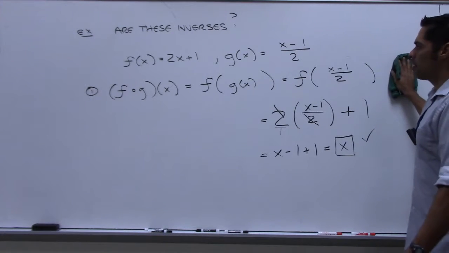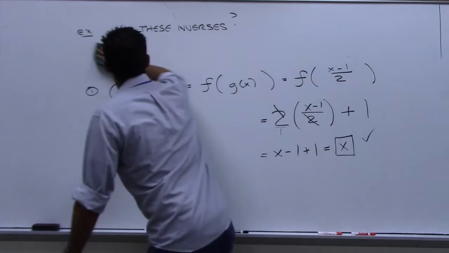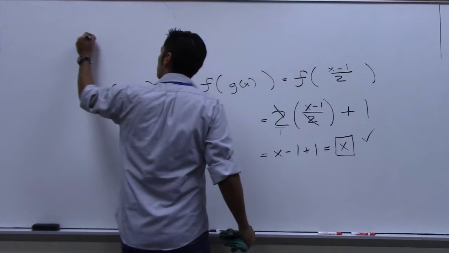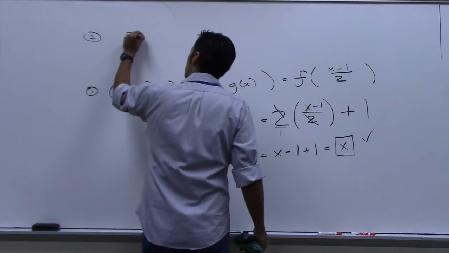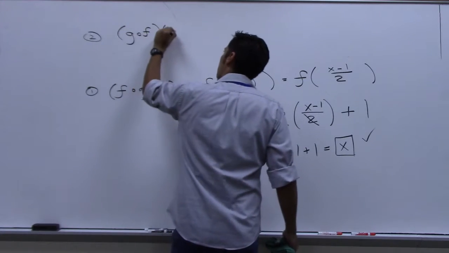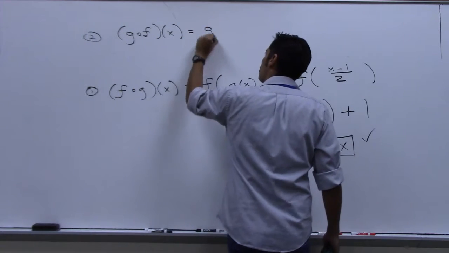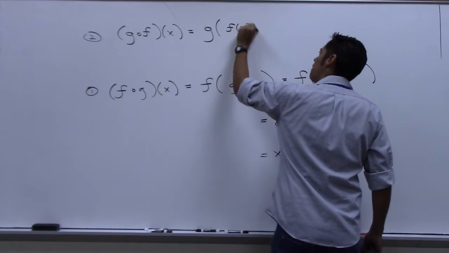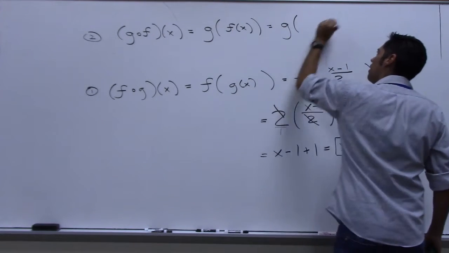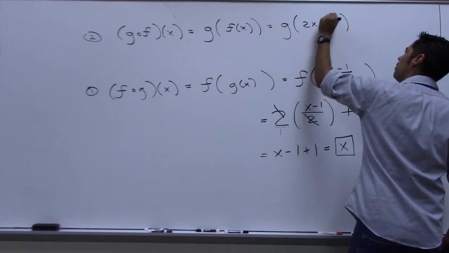All right, so let's do the other composition. The other composition I have to show is that g of f of x must be x. So that's g with f plugged in, which is g with 2x plus 1 plugged in.